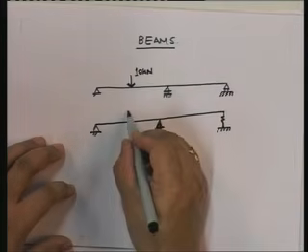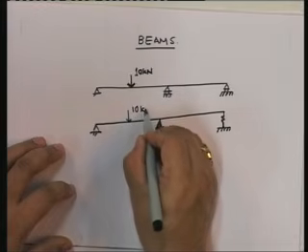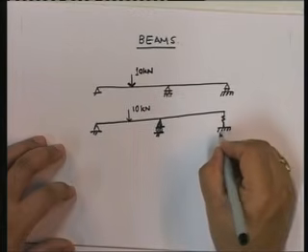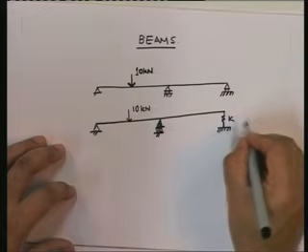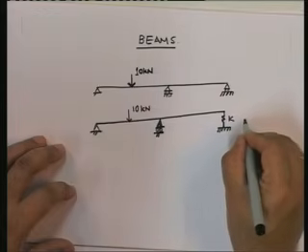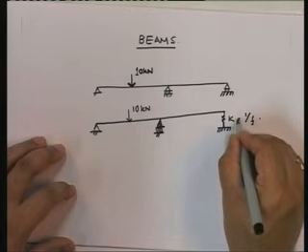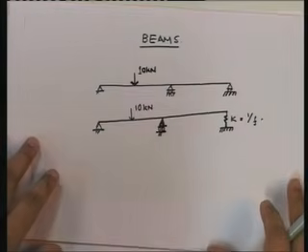And I have this load. And this is flexible with the spring constant K, which is equal to 1 upon F, the flexibility constant. Okay, so this is the problem.